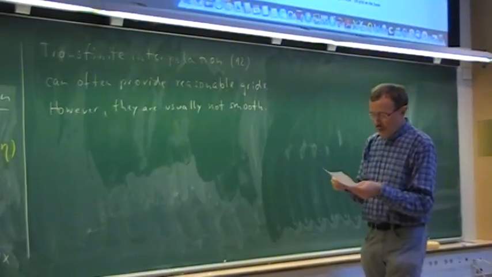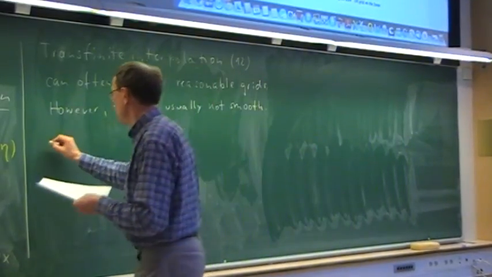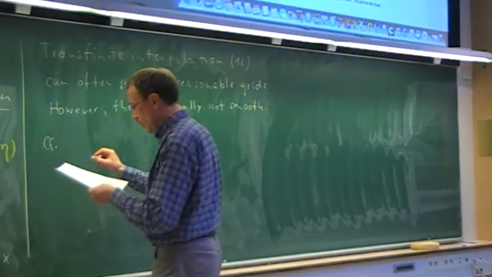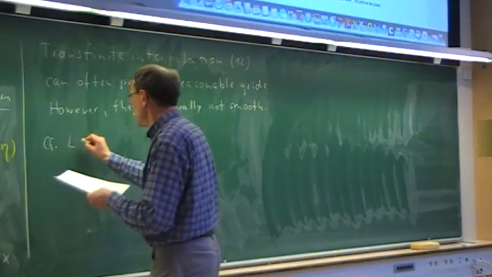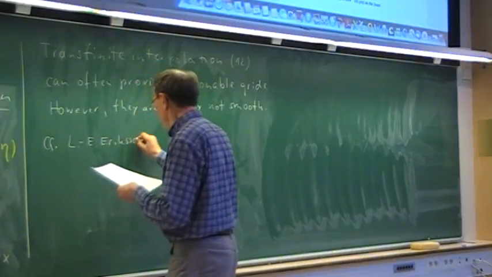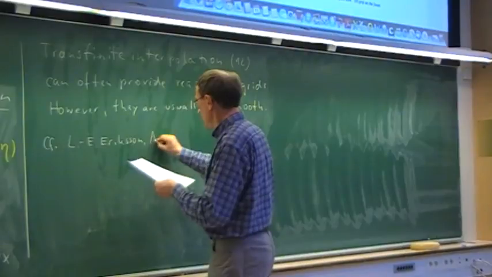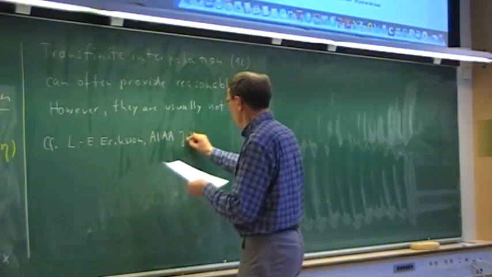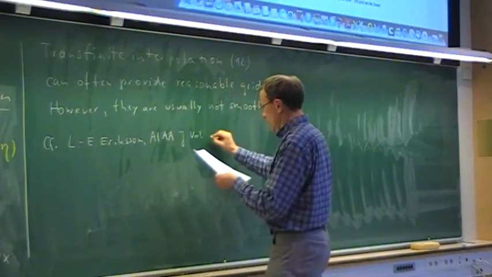And a reference for that is where you also have the boundary control of the grid points. That is Lars Eriksson, in an AIAA paper in the journal, volume 20.